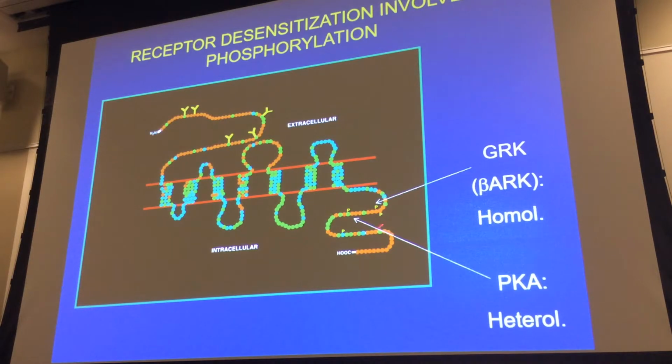The longer this portion of the receptor stays open and accessible, the greater the probability that these kinases will phosphorylate this portion, the C-terminal portion of the receptor. Once the C-terminal portion of the receptor is phosphorylated, the G protein can no longer bind, okay? So it can no longer work. And so this receptor becomes dead, all right?